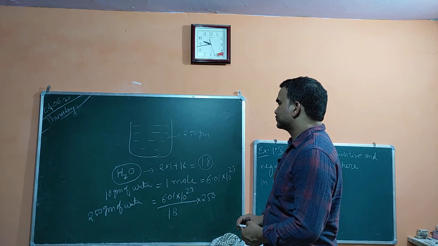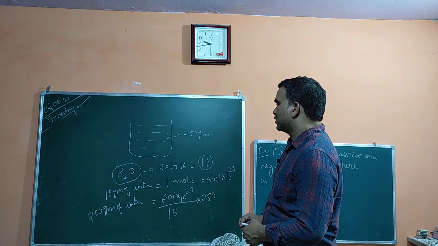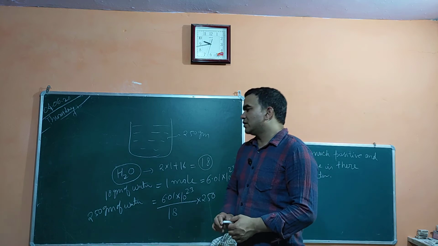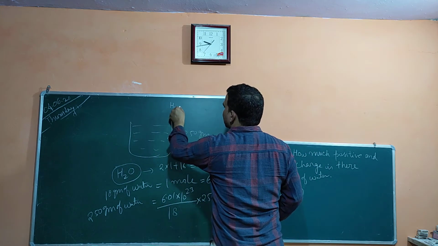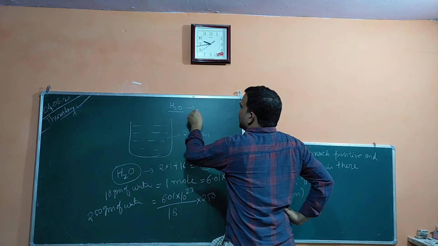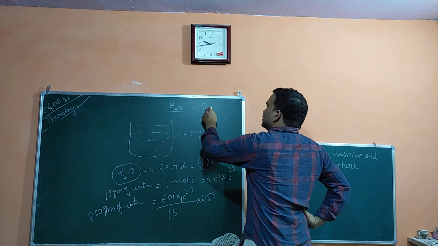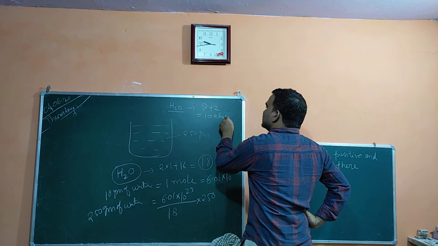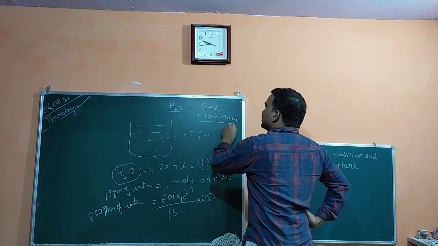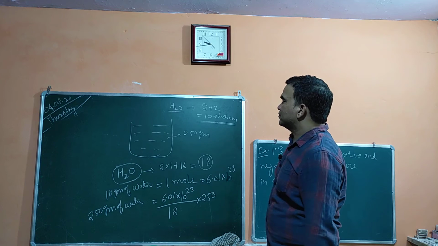In one molecule of H2O, how many electrons do we have? The number of electrons is 8 plus 2, so we have 10 electrons in one molecule of water.